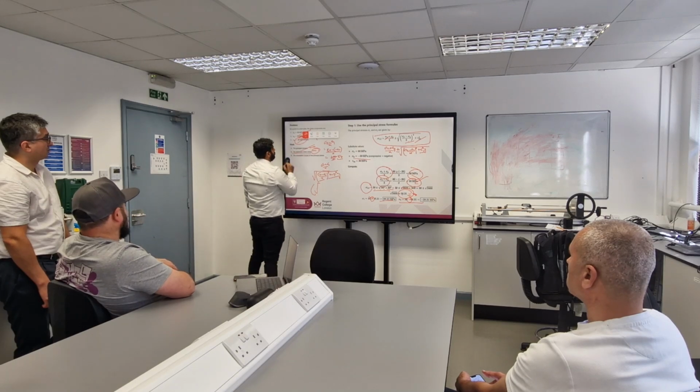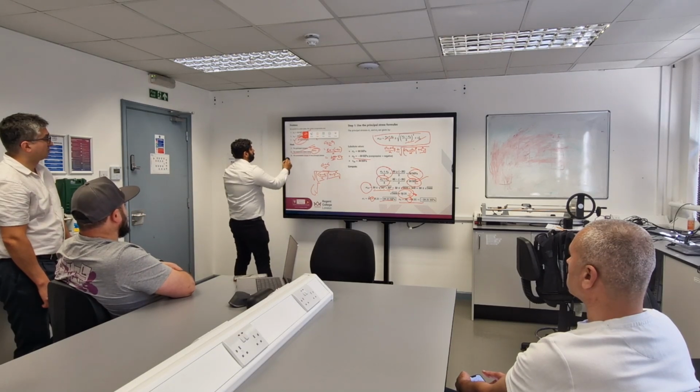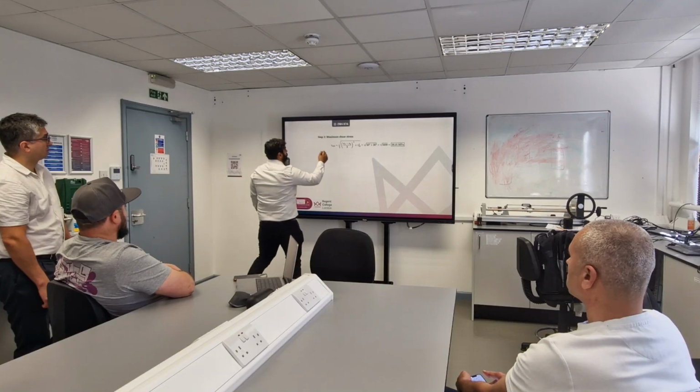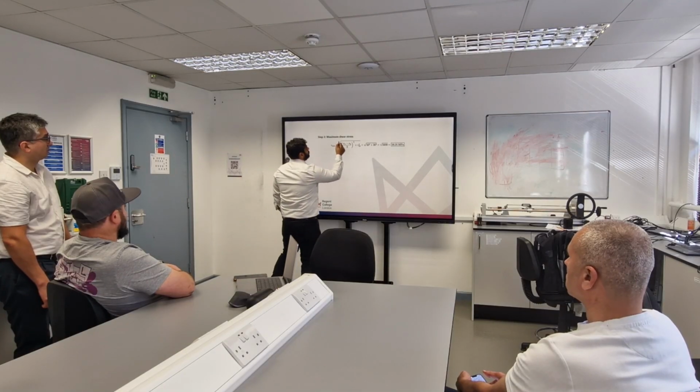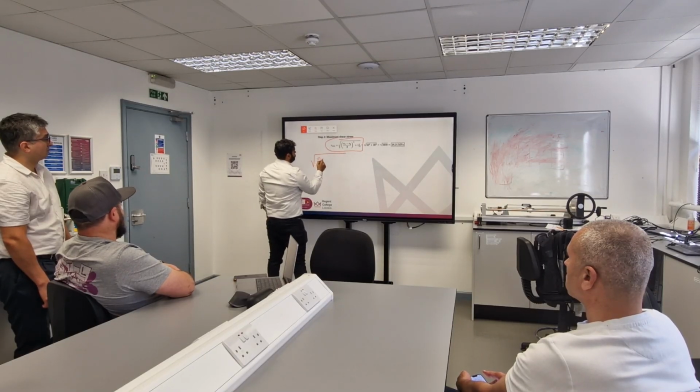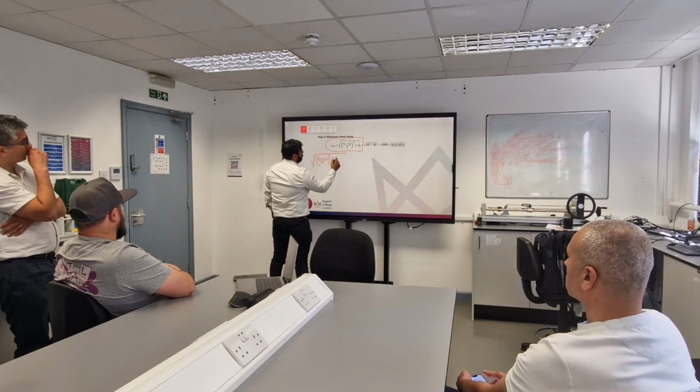Second step, we need to calculate the maximum shear stress. So the formulation of the maximum shear stress is the square root of sigma x minus sigma y by 2 whole square plus tau square x y.